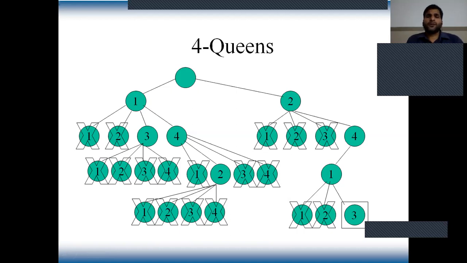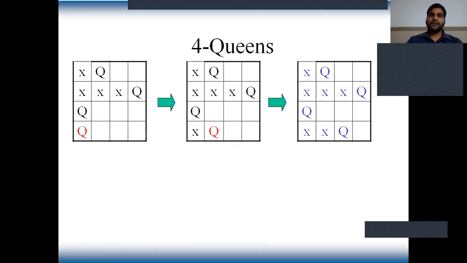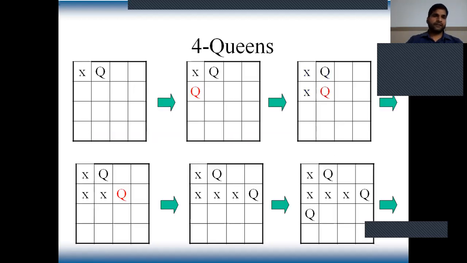So the four queens problem is an example of the backtracking approach. Now again, we summarize this state space tree diagram with the help of a chessboard diagram. The first queen is placed in this position. Second position, so we have 1, 2, 3, 4.